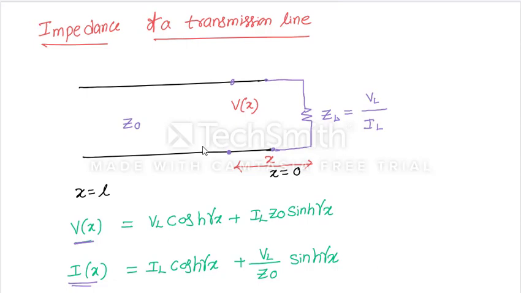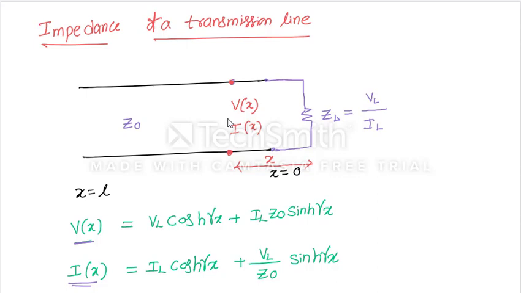At the same location, I can find the current, and I can call it I of x. V of x is the voltage at this location, and I of x is the current at that location.